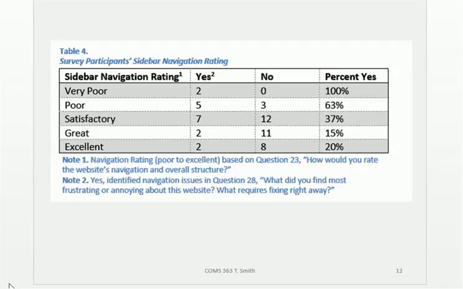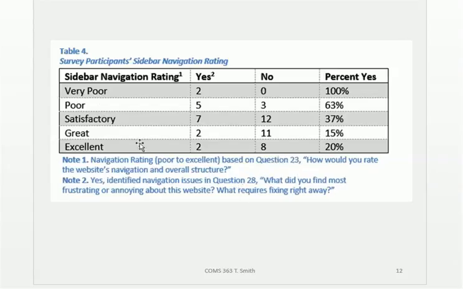So again, looking at that, the title, survey participant sidebar navigation rating, that would only require two columns, and the columns that we'd need is just their ratings and how many people or percentages of people got that rating. So this is incomplete. As you can see, it's correlating 2 questions. It's 23 and 28.